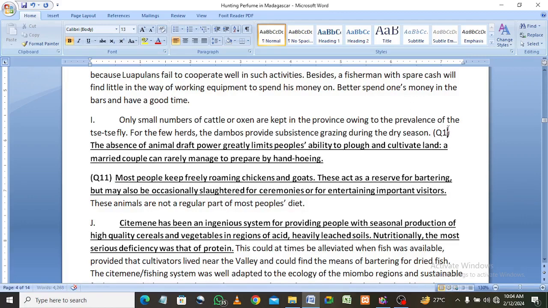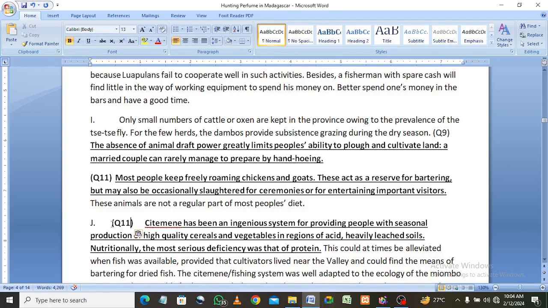So here is question 9. So can you now see that we now have the answer to question 12 here. So you see that they are always sequential. Once you get the answer to the first question, you will easily get the answer to the second question. So true, false, not given is very, very easy once you apply all the techniques that we have used here.